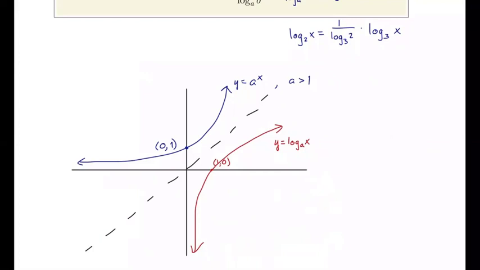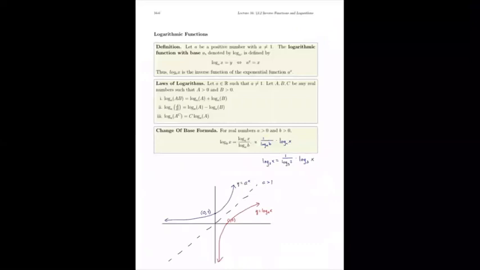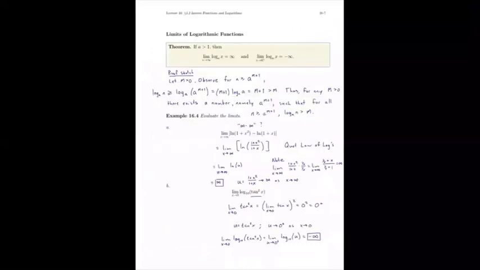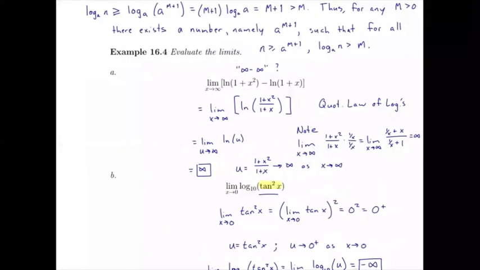If x approaches 0 from the right, then things are well defined, and yes, we're going to approach negative infinity. We're going to move downward. Can we approach 0 from the left and get a sensible limit out of the logarithmic curve? No, there's no red curve over here. It's undefined over here.